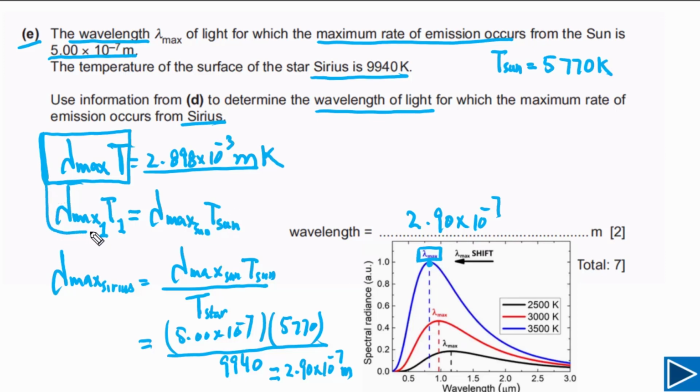These two are equal, and then we can find out lambda max for Sirius. So very straightforward question. If you follow these steps, you will get 2 marks. 1 mark will be for this law. If you have used this law, this will be the C mark, and the final mark will be the answer mark if you have got the right answer.